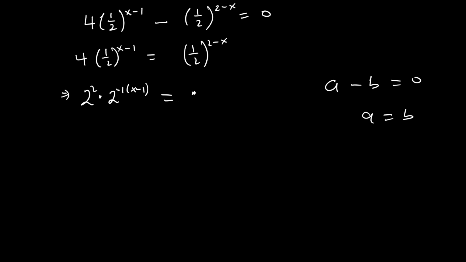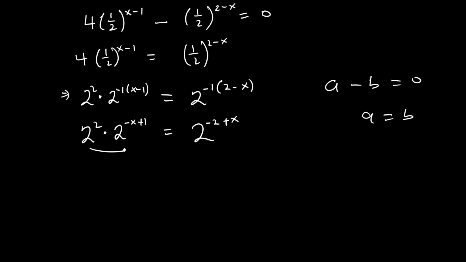And we can do same here, 2 raised to negative 1, 2 minus x. Okay, so we can go ahead and rewrite this one as 2 to the power 2, 2 raised to minus x plus 1. And we have minus 2 plus x be the same as x minus 2.